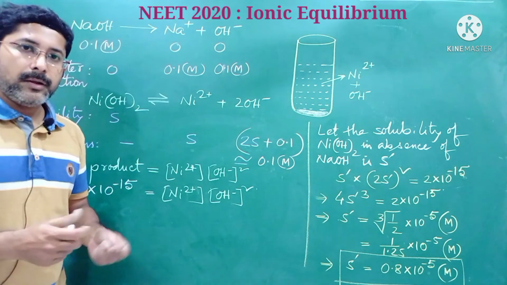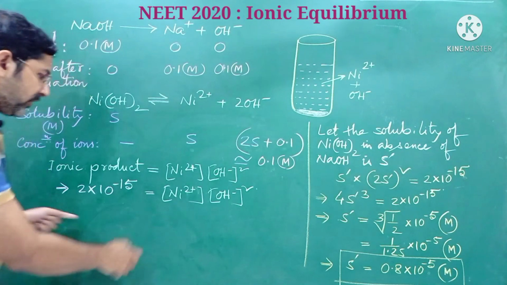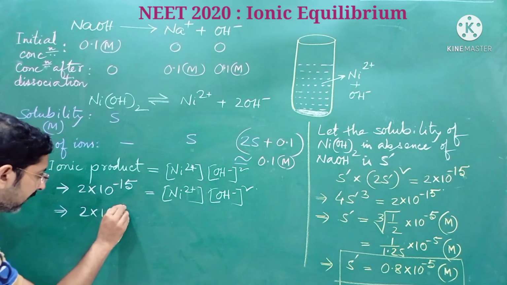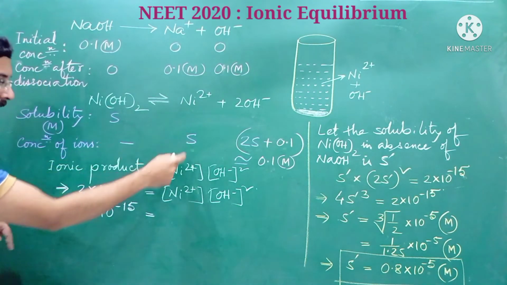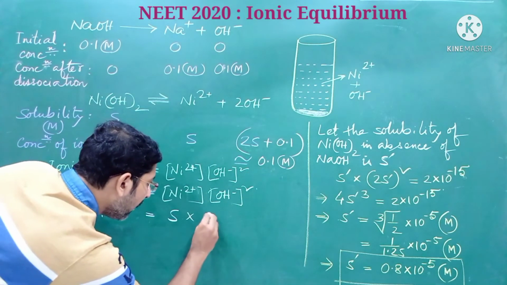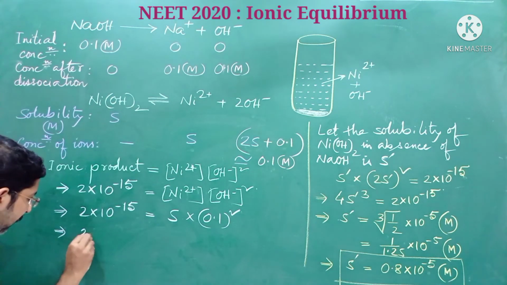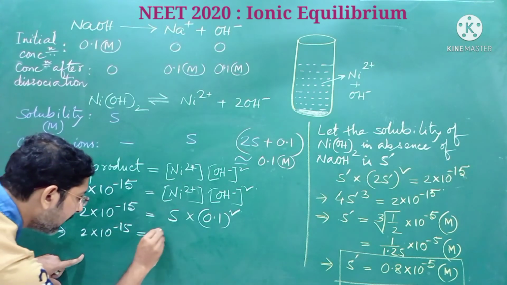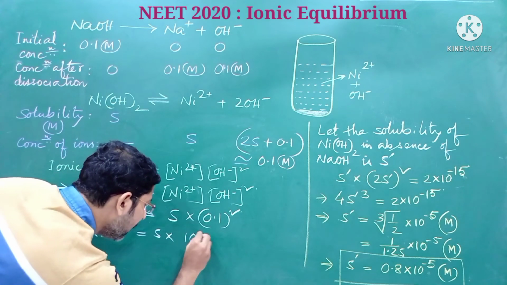Now let's get back to our problem. There is not much left in this problem. It is very simple. 2 into 10 to the power minus 15 equals S, the concentration of Ni2 plus, into 0.1 whole square. 0.1 squared is 10 to the power minus 2.